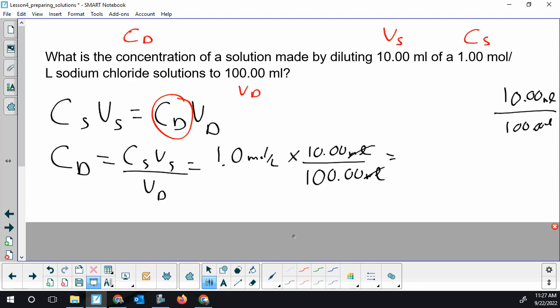The mils cancel, so it doesn't actually matter what volume units you use. You could use mils, you could use liters, make your life easy, just make sure they match. And this comes out to that 1/10 ratio. So that's how you can sort of mentally do dilutions or mathematically calculate the concentration of a diluted solution.